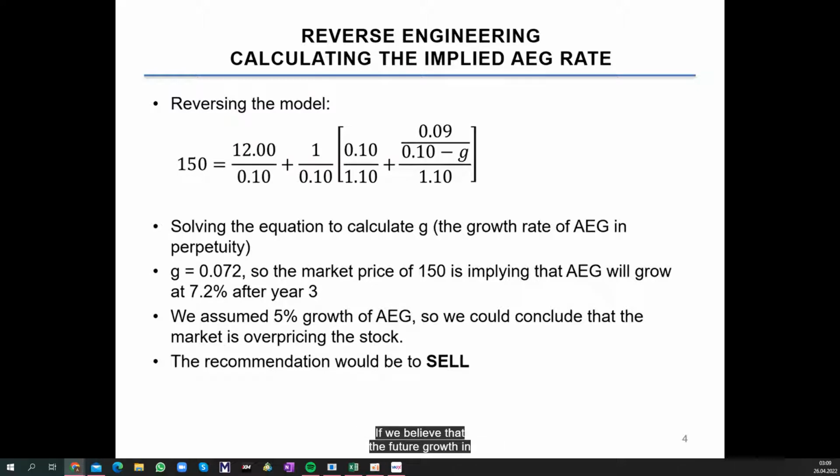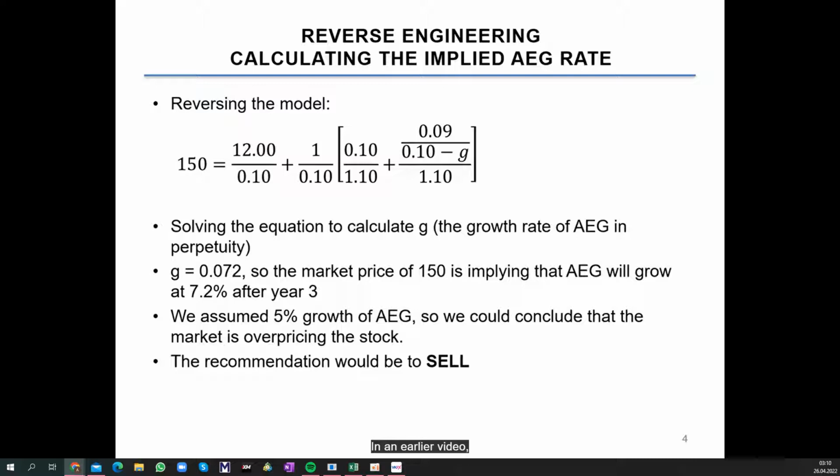If we believe that the future growth in abnormal earnings growth is higher than what investors expect, then our conclusion is that the stock is undervalued. And if we believe that the future growth in abnormal earnings growth is lower than what investors expect, then our conclusion is that the stock is overvalued.